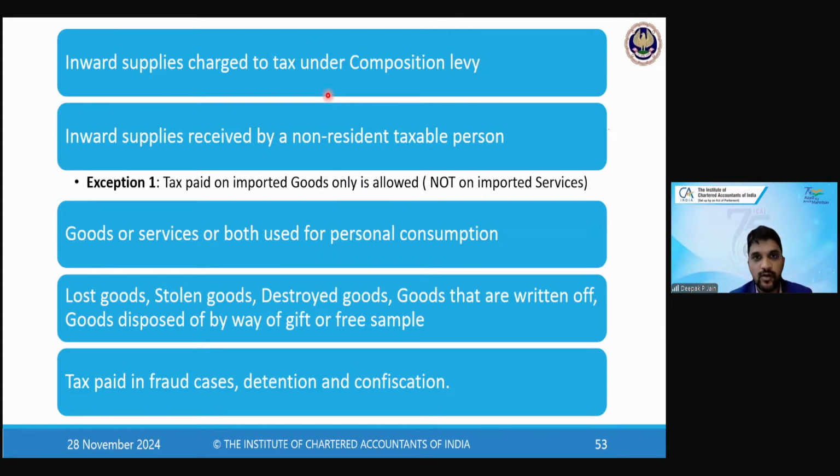They have to pay it from their own pocket because the rate of 1% or 6% that is there is the rate which a supplier will pay from his own pocket. Now he cannot charge me, but in case he charges also, then on any supplies you take from a composition person, credit will not be available to me is what it is saying.